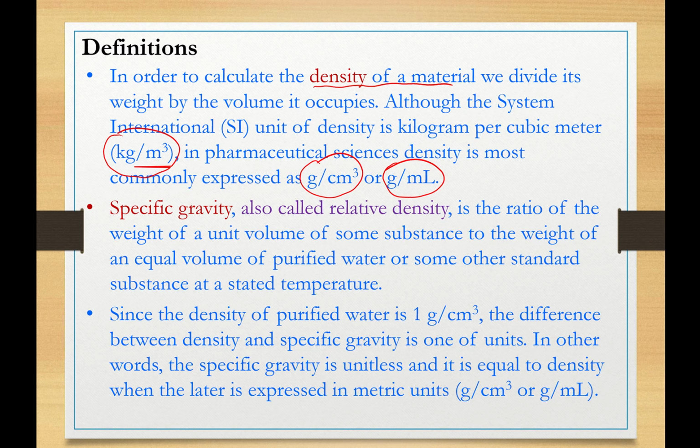Now, specific gravity is defined as the ratio of the weight of a unit volume of some substance to the weight of an equal volume of purified water at a stated temperature. We're going to see some of the formulas in a minute. Now, the specific gravity equals the density only when density is expressed in gravimetric units, in units of grams per cubic centimeter, for example.